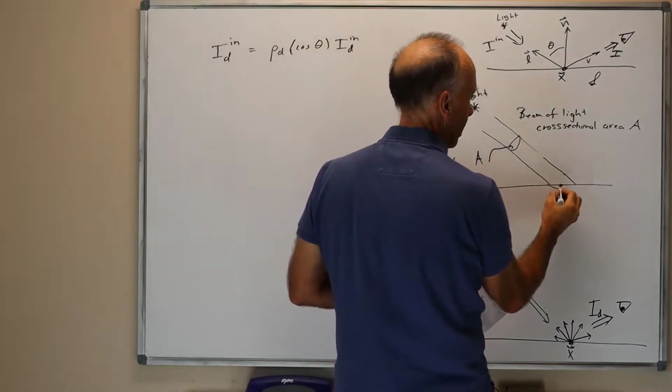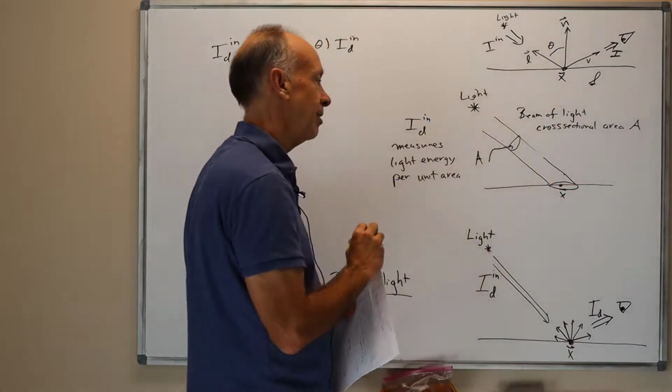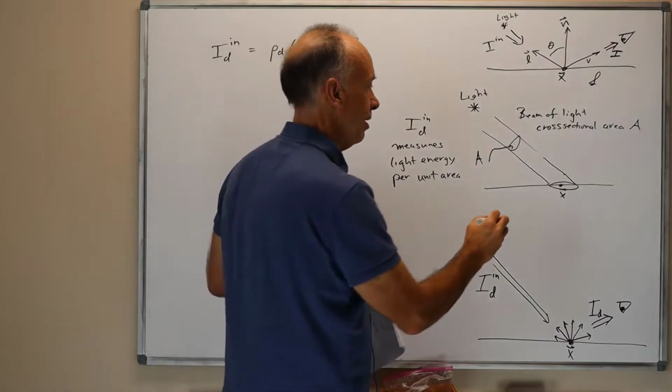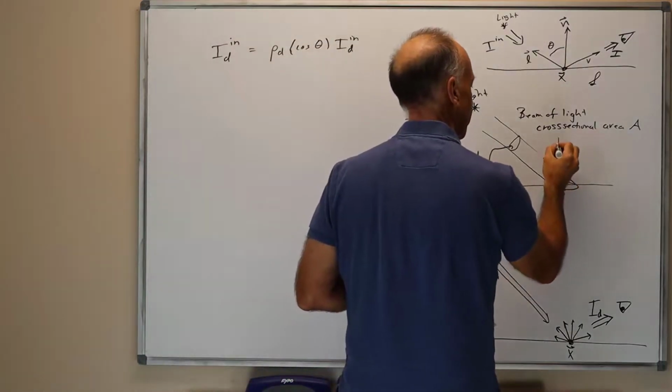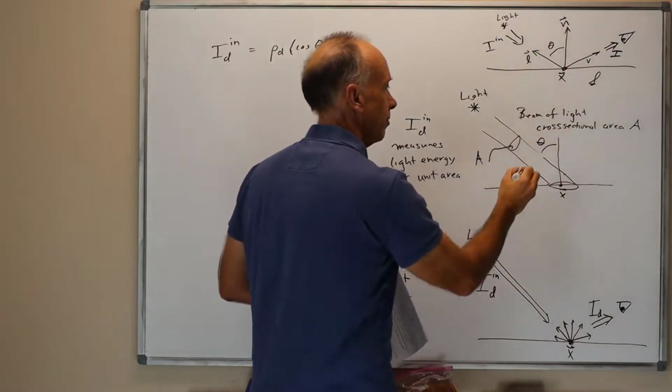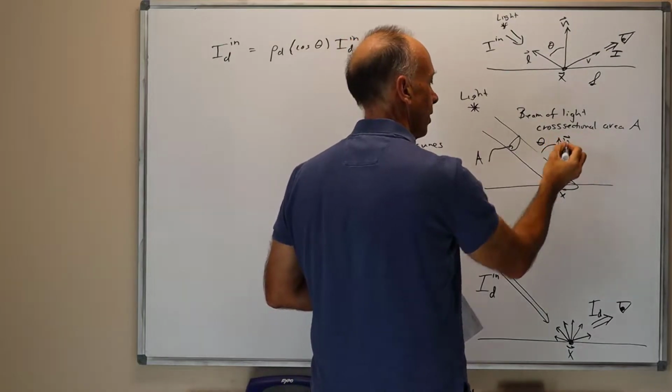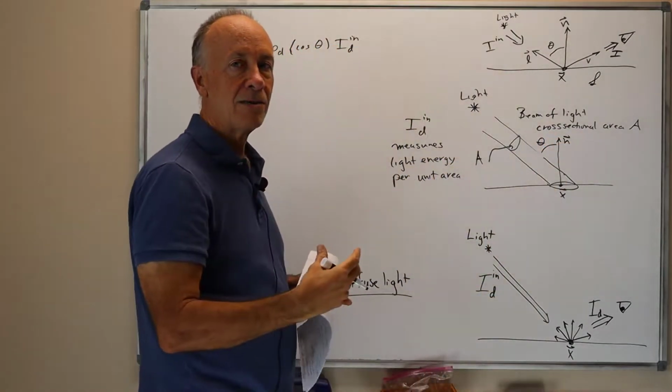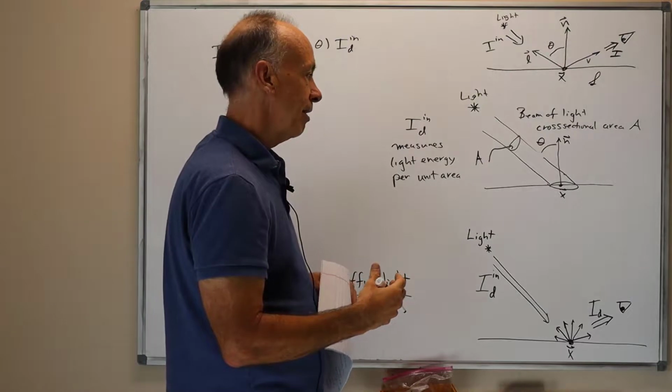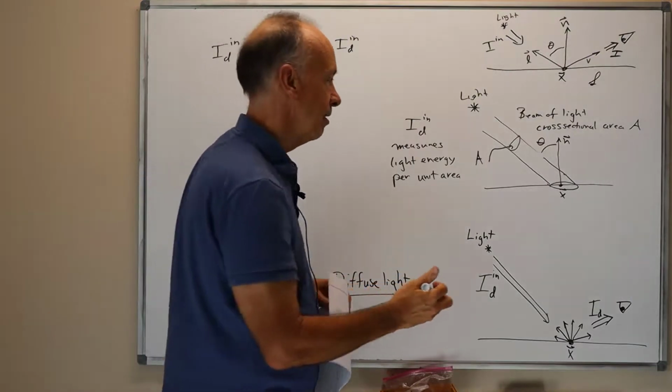When this beam of area A hits the surface, because it's coming in at an angle theta, it's elongated into an ellipse, and this multiplies the area by a factor of 1 over cosine of theta.